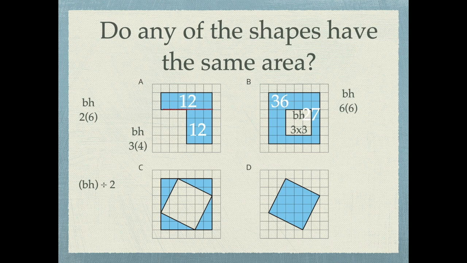All the triangles are 4 by 2. So if I wanted to figure out the area of one triangle, I would do base times height divided by 2, which means I would do 4 times 2 divided by 2, and that one makes it 4, and that one makes it 4, and that one's 4, and that one's 4. And that's weird, they're all the same. So 4 plus 4 plus 4 plus 4 is 16. So far, none of them have the same area. One has 24, one has 27, one has, well, 16.